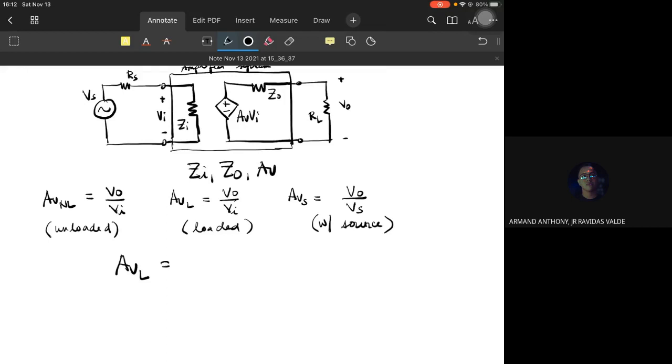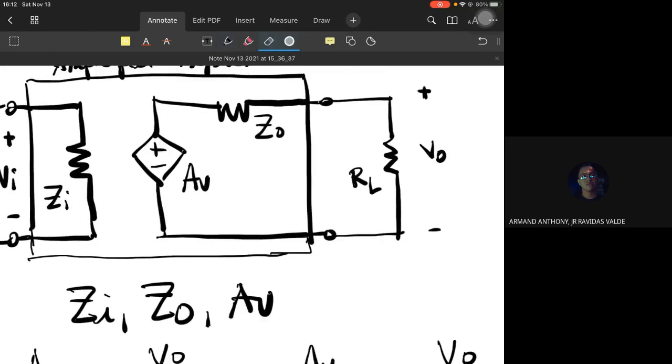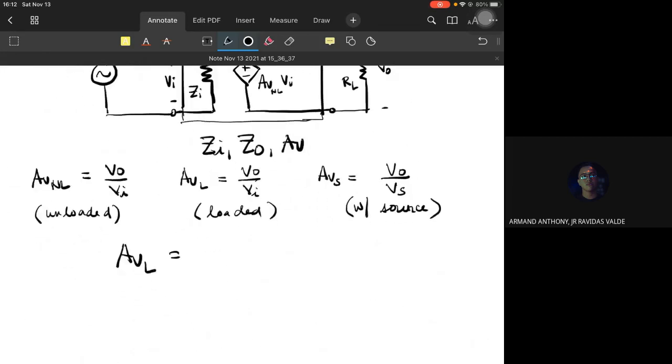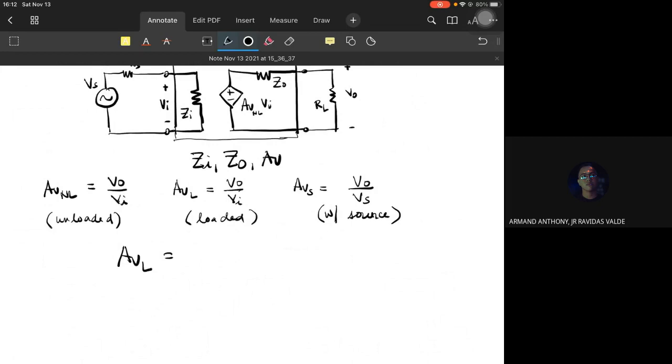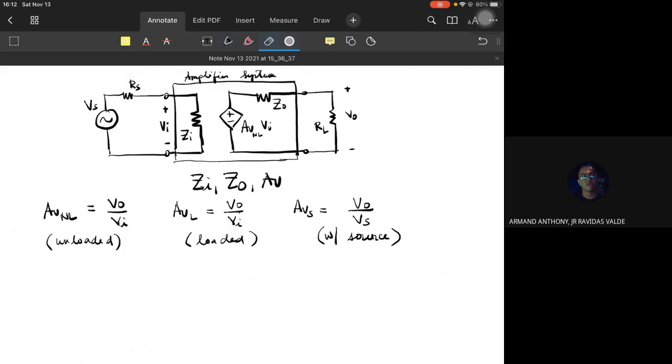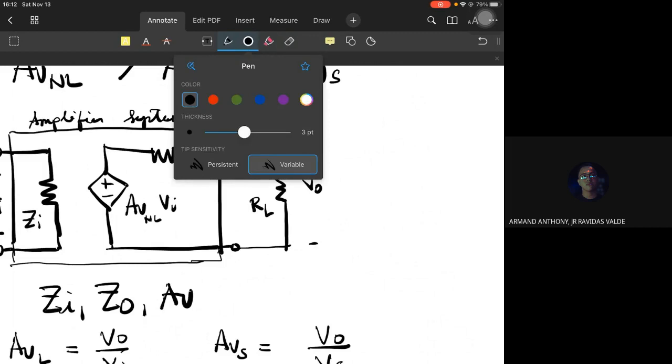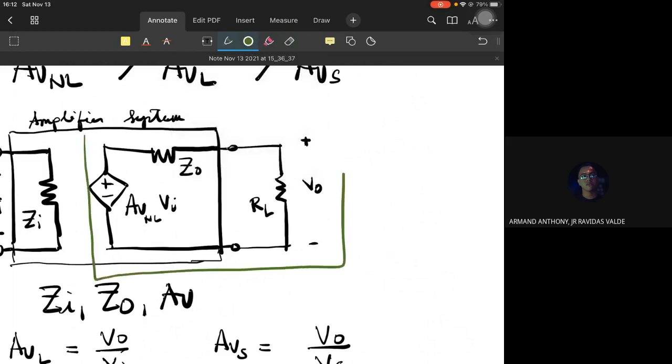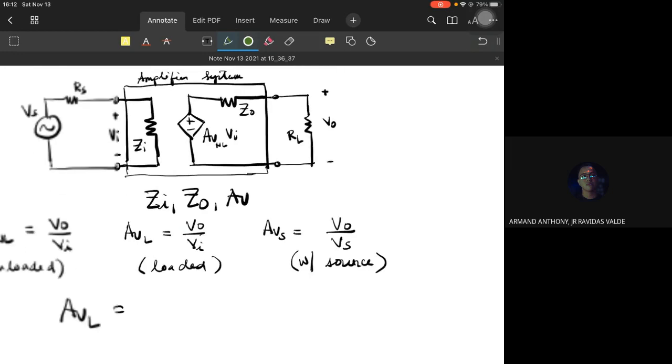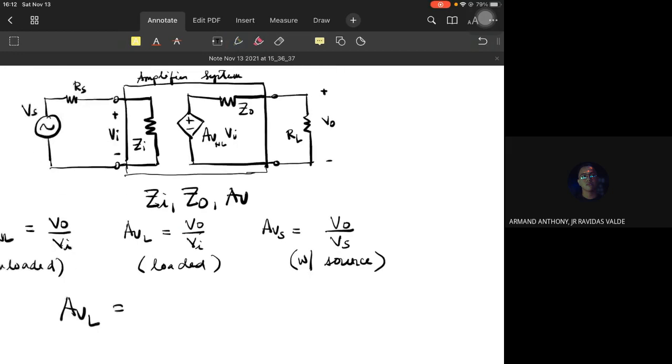Focus your attention on this portion of the system. It is a voltage divider.